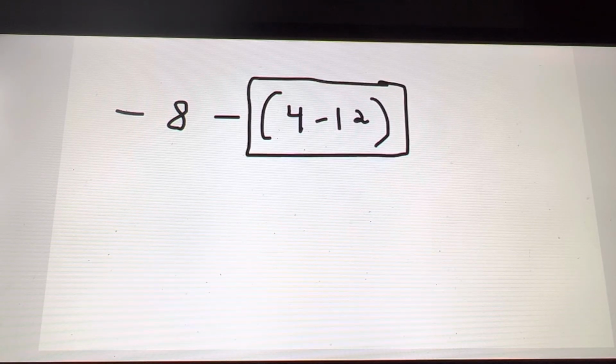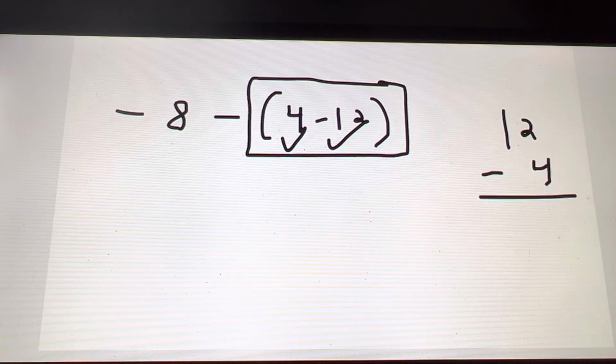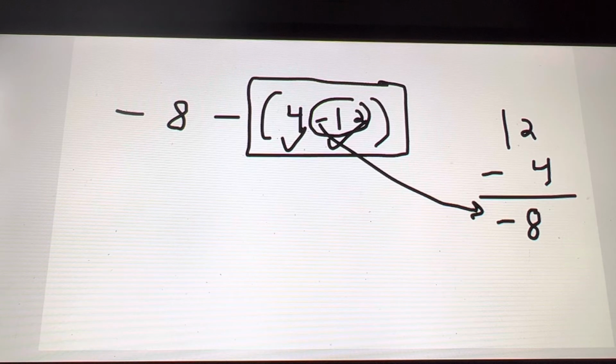So ignore all this stuff on the outside for a minute. 4 minus 12. I see one negative, one positive. That's when I subtract the values with the bigger number first. Then I go back and look which one was bigger. The 12 is bigger. That one was negative, so this answer is negative. So this box right here, the answer to that would have been negative 8 if that was the entire problem.